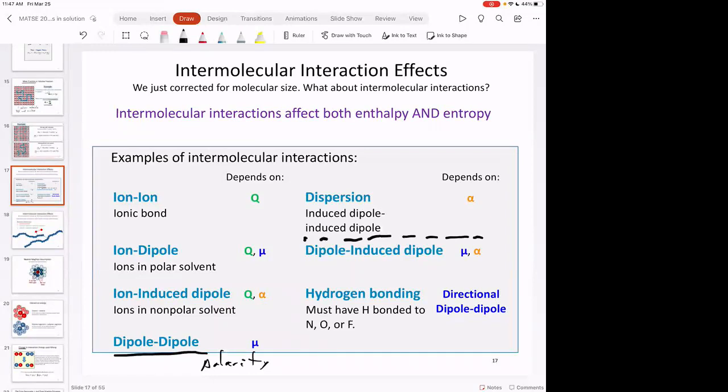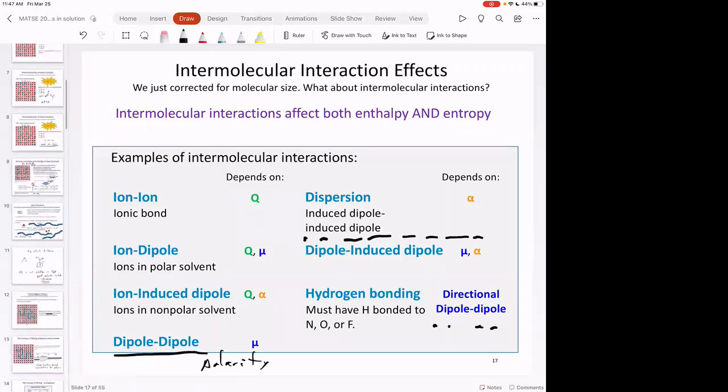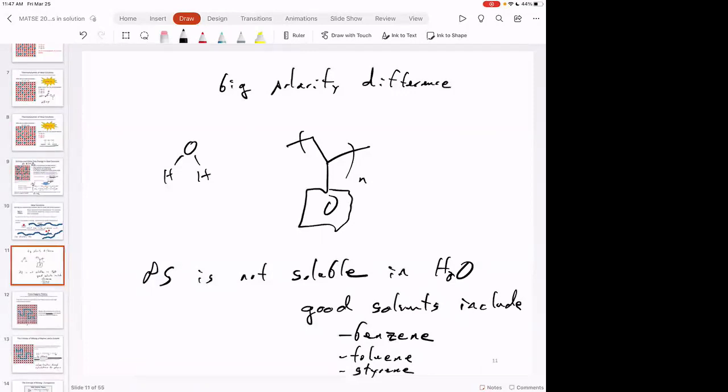And then we can figure out some of the other forces, hydrogen bonding, which is kind of like dipole-dipole, only more localized. And so by examining the molecules, by sort of looking at water, looking at benzene, looking at styrene, we're already used to thinking about, okay, these are probably the intermolecular interactions going on.